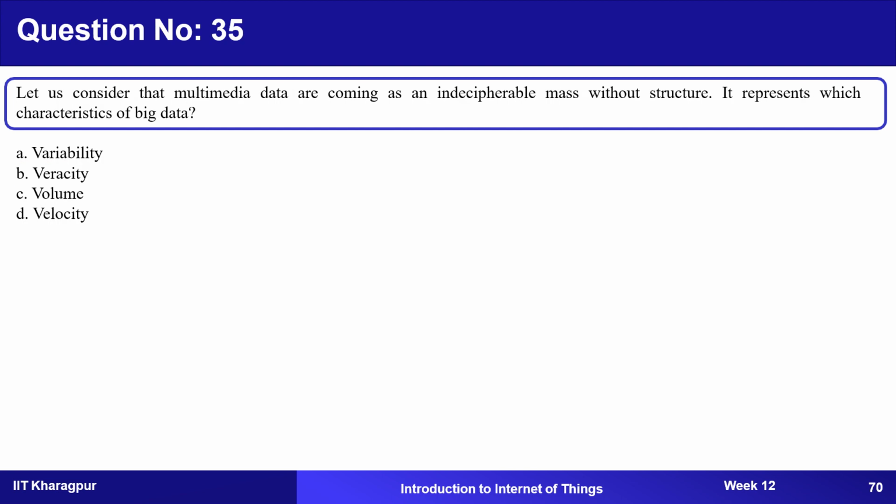Next question is, let us consider that multimedia data are coming as an indecipherable mass without structure. It represents which characteristic of big data? Variability, veracity, volume, velocity. A. Variability. Volume, ma'am.